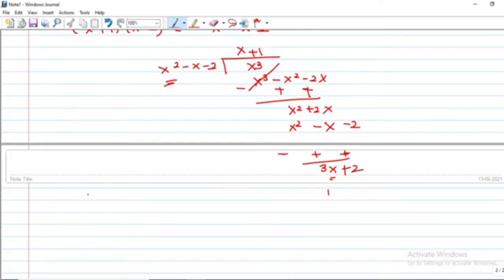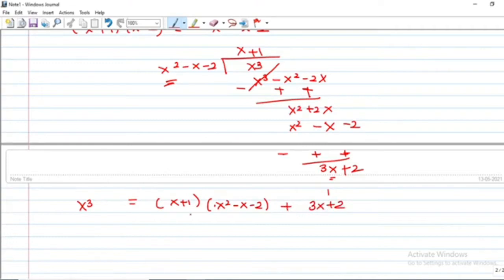We can express x cube using dividend equals divisor into quotient plus remainder. So we can express x cube as x plus 1 into x square minus x minus 2, and 3x plus 2 is our remainder.